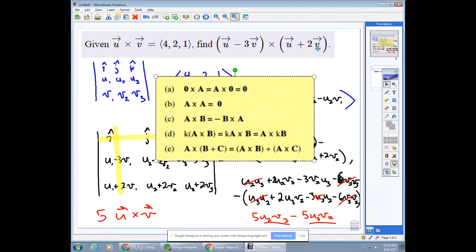We really don't have a constant multiple of the whole cross product anywhere. And we have the product of a difference. So maybe... Oh yeah, I think E will help us out here.